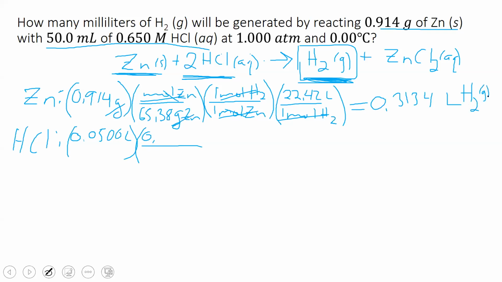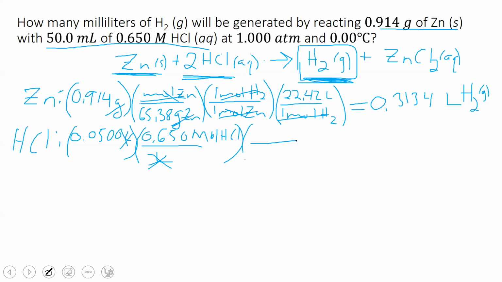Yeah, there you go. Okay, so on HCl, we multiply the volume times the concentration. So 0.0500 liters, which is 50 milliliters, times 0.650 molar, or moles of HCl per liter. The liters cancel out, and we're left in moles of HCl.